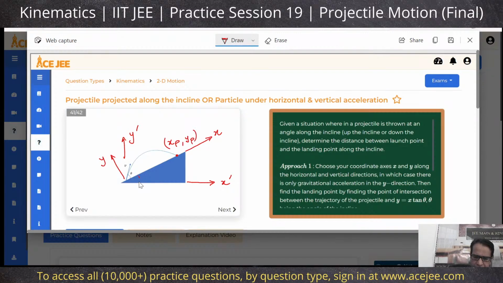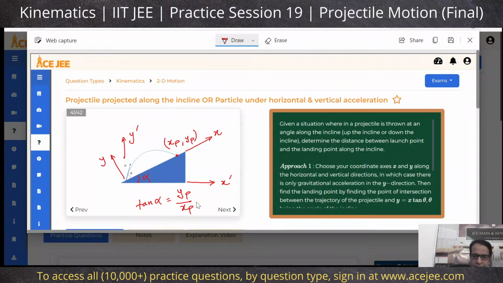So if the incline angle is alpha, then tan alpha will be yp divided by xp. So you can use this to figure out the coordinates xp and yp, and then you have your range.